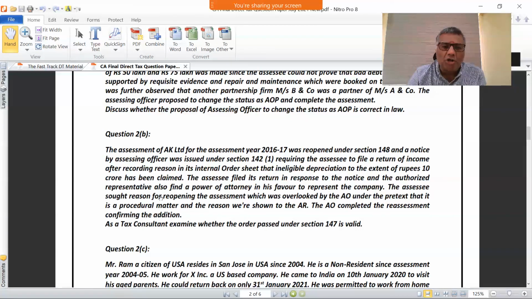The assessee sought the reasons for reopening the assessment, which was overlooked by the assessing officer on the pretext that it is a procedural matter and the reasons were known to the authorized representative. The AO completed the assessment confirming it. As a tax consultant examiner, the assessee has the right to get the reason to believe. Unless the reason to believe is correct, the whole process is going to be invalid.